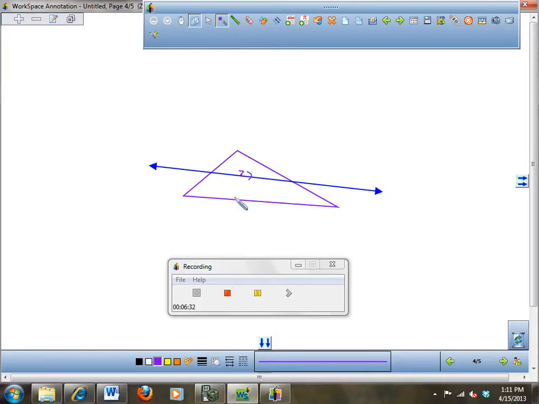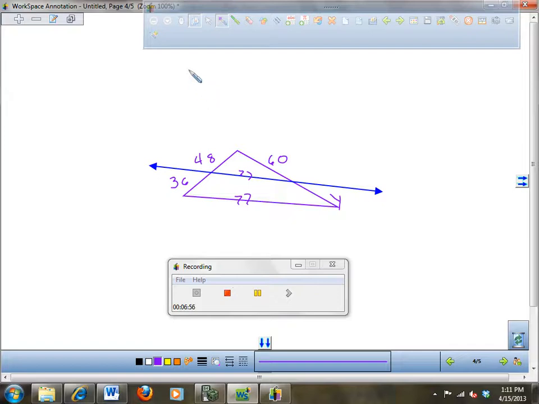Okay? Even though it doesn't look parallel. And I have some numbers that might work or might not work. Say I know that this is 48 and this is 36 and this is 60 and this is y. So it's going to be a proportion to find y.